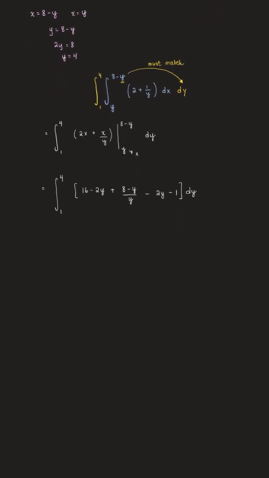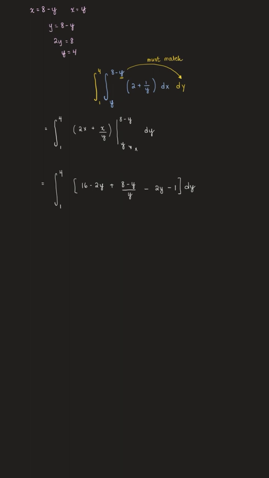All right, let's simplify this a bit more so that we can combine like terms and clean it up a little so we can easily use the power rule. In terms of constants, we have a 16 minus 1 so far, which is 15, minus 2y.